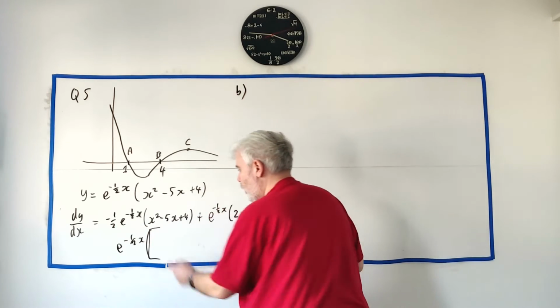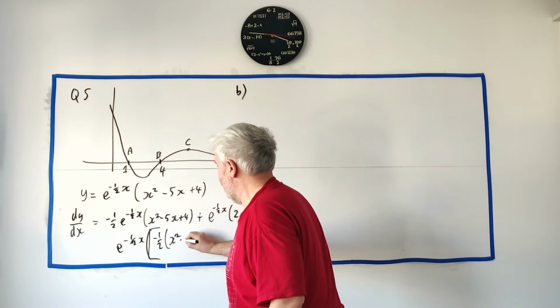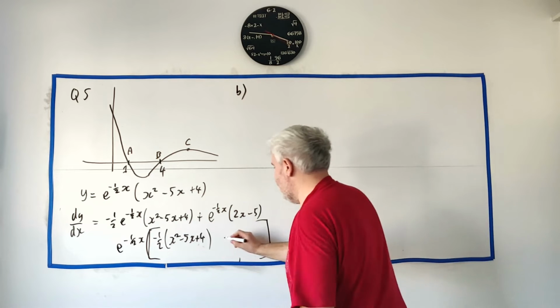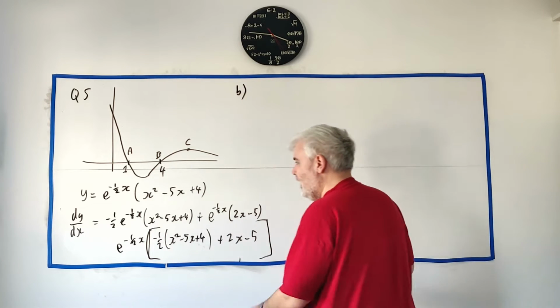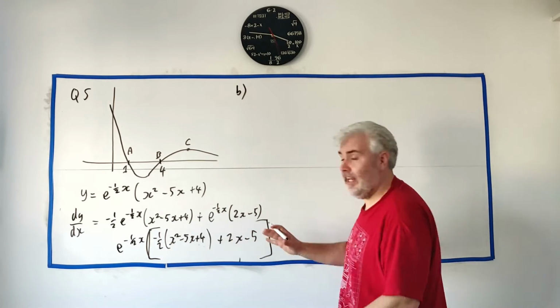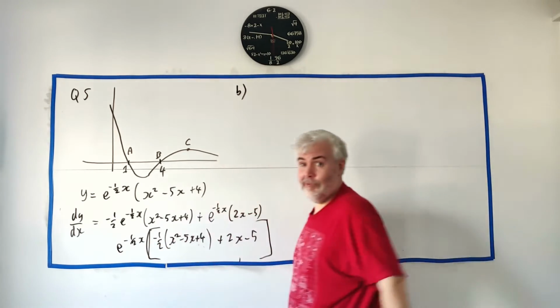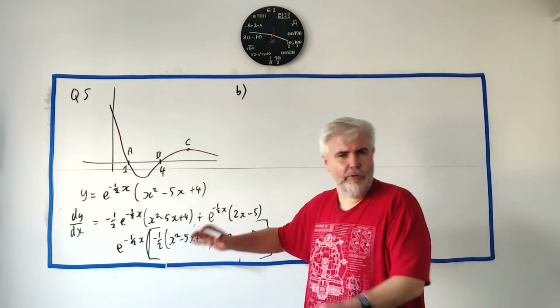It goes into this one. Let me finish it this way. I won't use it though. x squared minus 5x plus 4, and it goes into this plus 2x minus 5. And this whole thing equals 0, which means we've already talked about this guy cannot equal 0. So we would just get this equal 0. That's how I did it.